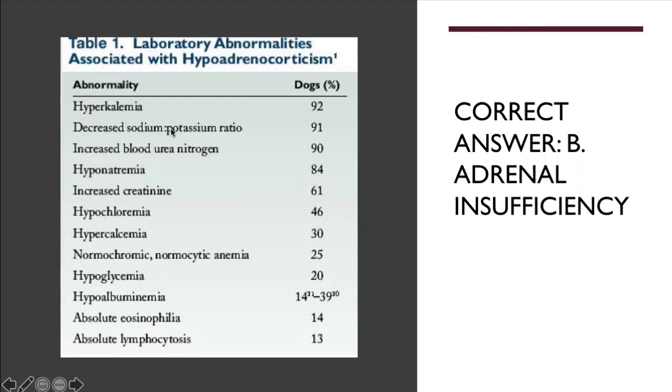You're going to find some sodium potassium disturbance, like hyponatremia and hyperkalemia. It could also be hypercalcemia, but I don't think that's common. Hypoglycemia is the one we see more frequently in adrenal crisis.